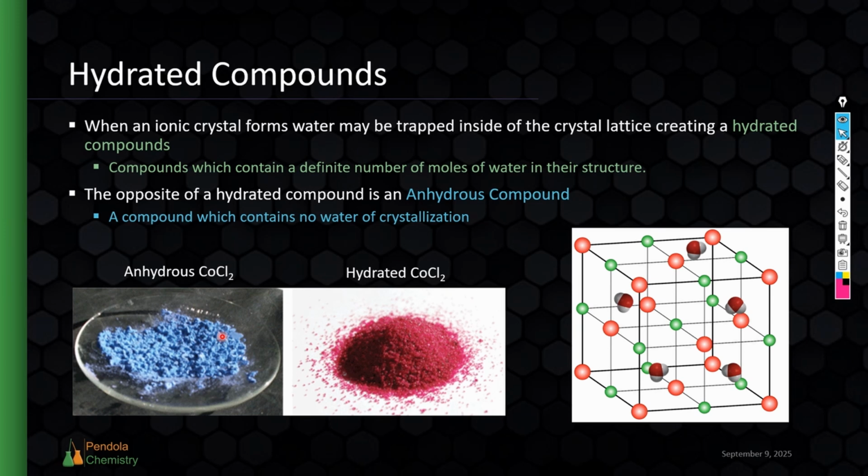This is still CoCl2 in both cases, but the presence of those water molecules trapped in the crystals changes how this compound interacts with light and therefore changes the color of the compound itself. The only difference between these two is that the anhydrous does not have water trapped in the lattice, and the hydrated does have water trapped in the lattice.